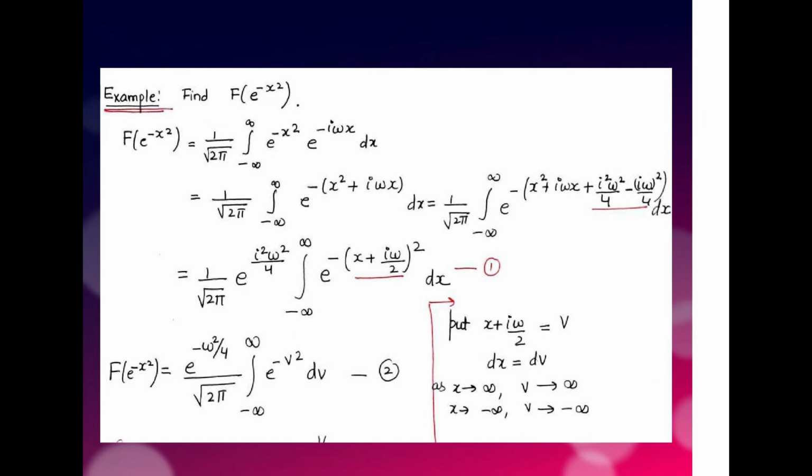I can take e raised to power iota square w square divided by 4 common, and now we have equation number 1, that is the integration from minus infinity to plus infinity of e raised to power minus x plus iota w by 2, raised to power 2.